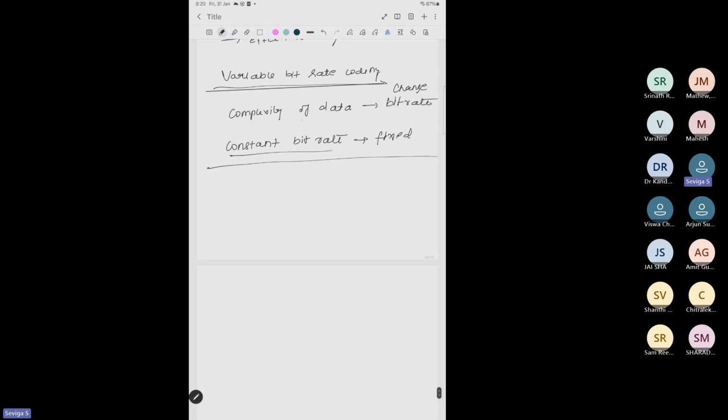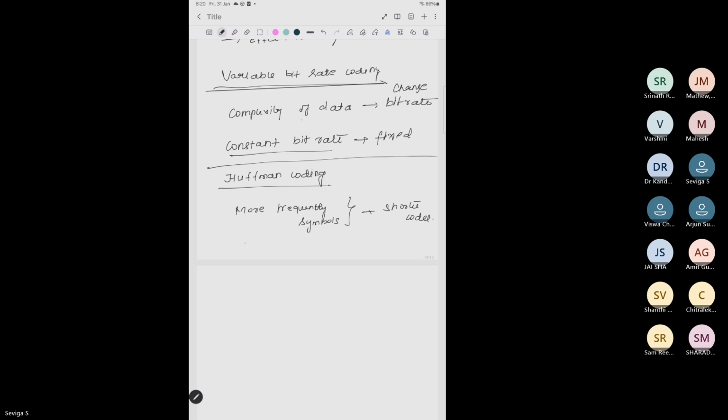Next, we will see the popular coding method called Huffman coding. Huffman coding is a popular algorithm used in data compression techniques. For more frequently used symbols, it assigns a shorter code.